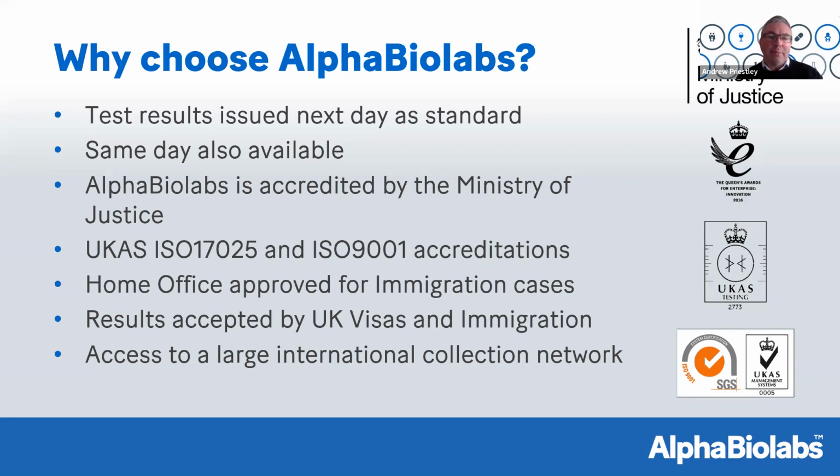And those results are also accepted by UK visas and immigration. So if you have a client who's got a relative living abroad who they want to bring to the UK and you feel that it would help that case by doing a form of DNA testing, then we can support with that as well. And we do have access to a large international collection network. So please do get in touch with us if you think that's something we can help with.